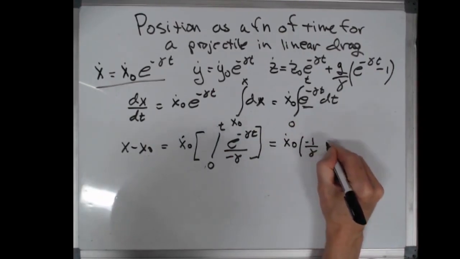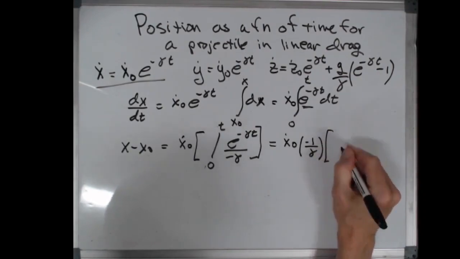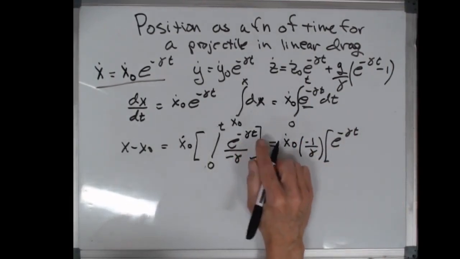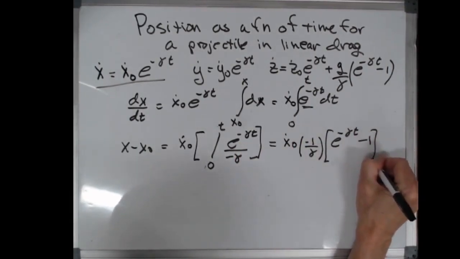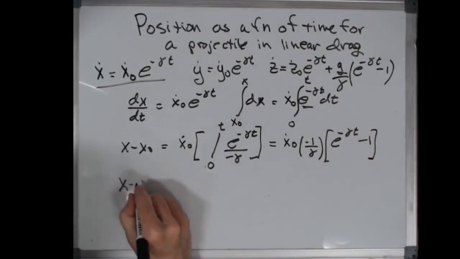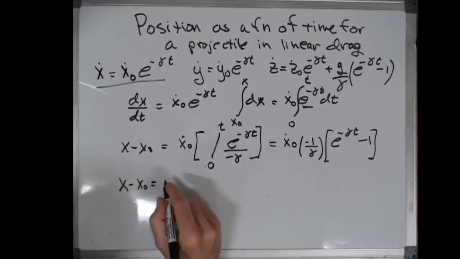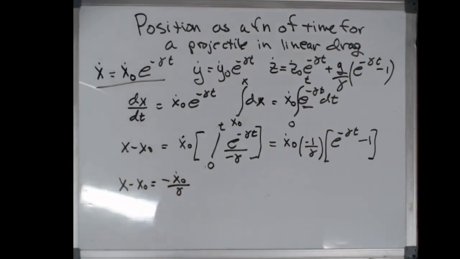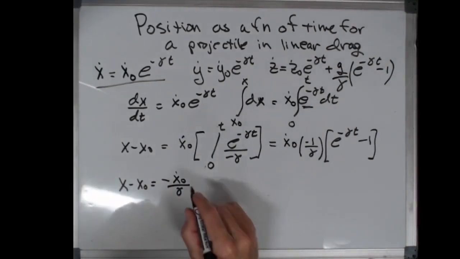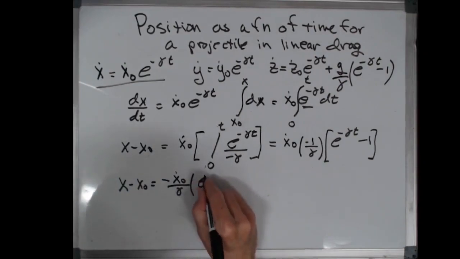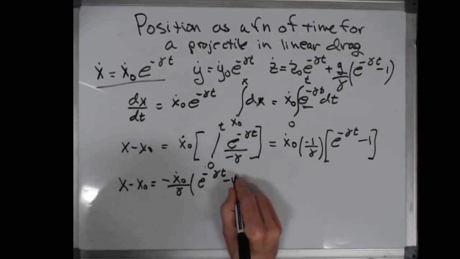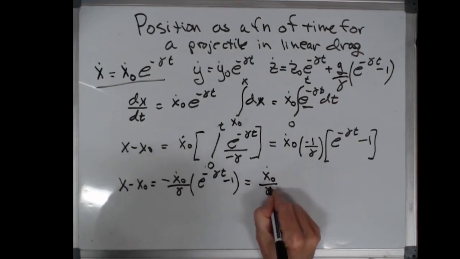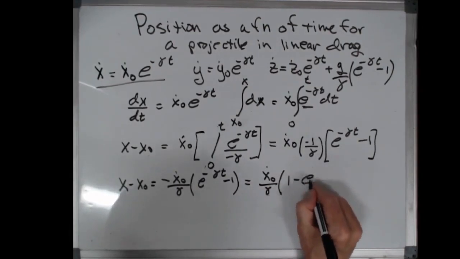And so this is x dot naught times that evaluated at t, so it's minus 1 over gamma times e to the minus gamma t, and then evaluate this thing at 0, minus 1. And so x minus x naught is equal to minus x dot naught over gamma times e to the minus gamma t minus 1, or it's equal to x dot naught over gamma times 1 minus e to the minus gamma t.